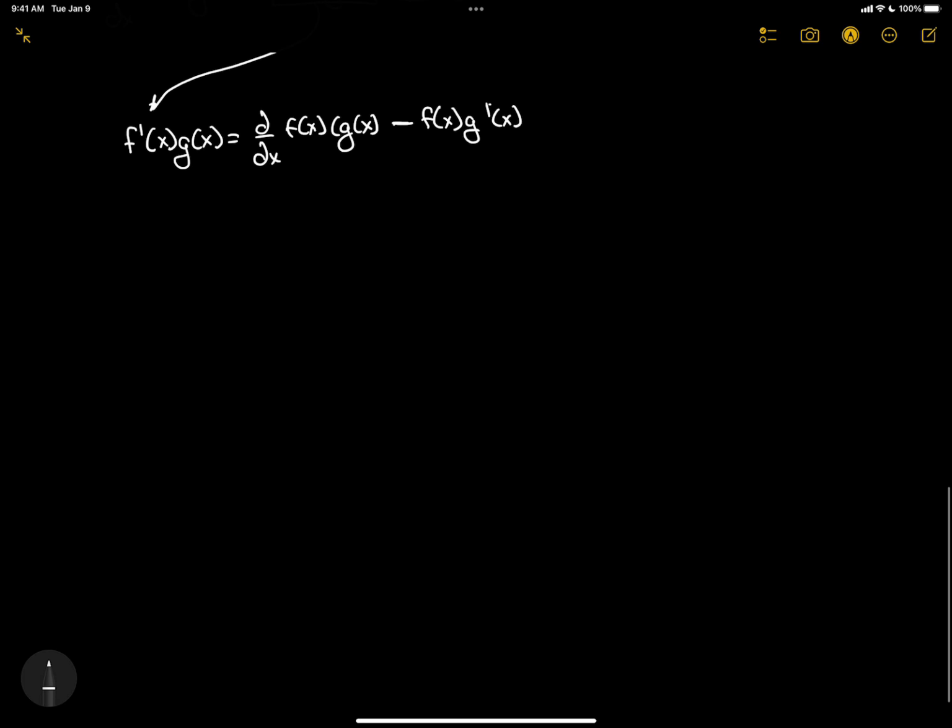Now, let's take the integral on both sides and see what happens. If I take the integral of the left-hand side, I get the integral of f prime of x g of x dx is going to be equal to f of x g of x. Remember that the integral is going to cancel out this d/dx here. And we're ending up with minus the integral of f of x g prime of x dx.